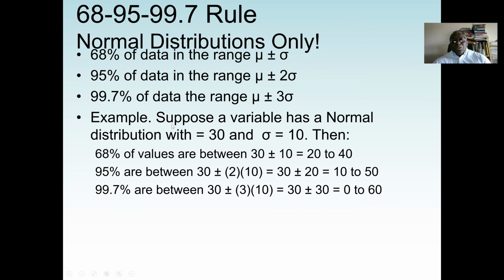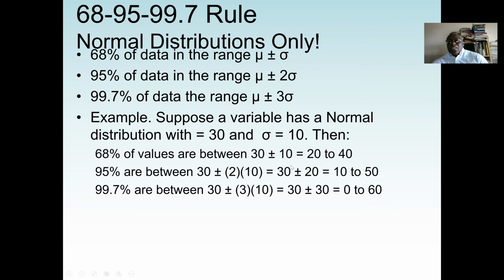So here we have an example. Suppose a variable has a normal distribution with a mean of 30 and a standard deviation of 10. Then we can say 68% of values will lie between what? 30 plus or minus 10, because it's 1 standard deviation.